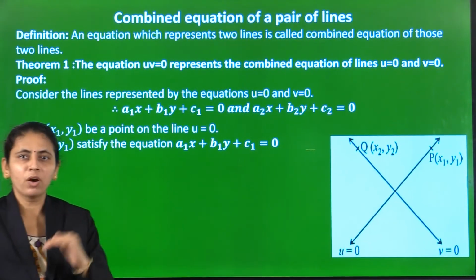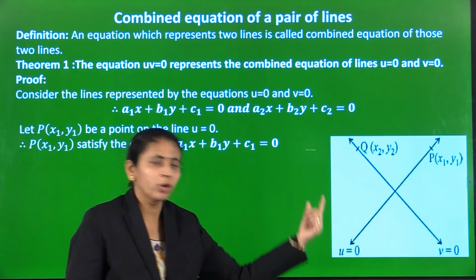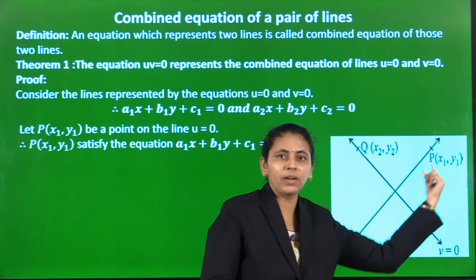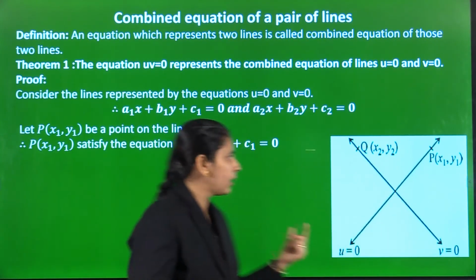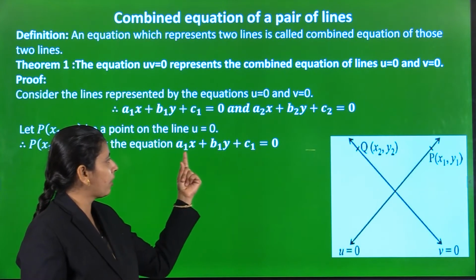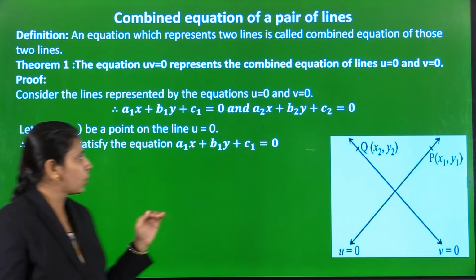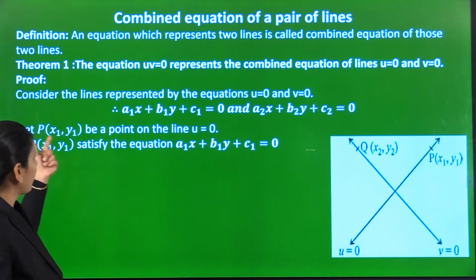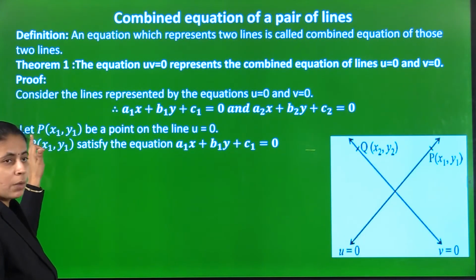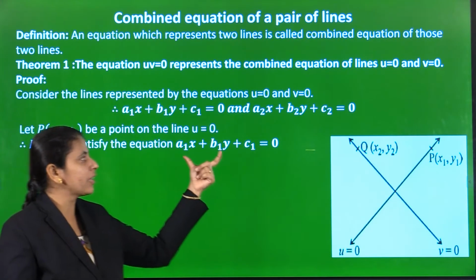Since P of x1 y1 is the point lying on line u, it should satisfy the equation of line u. What is the equation of line u? The equation of line u is a1x plus b1y plus c1 equal to 0. So the coordinates of point P, that is x1 y1, should satisfy this equation.